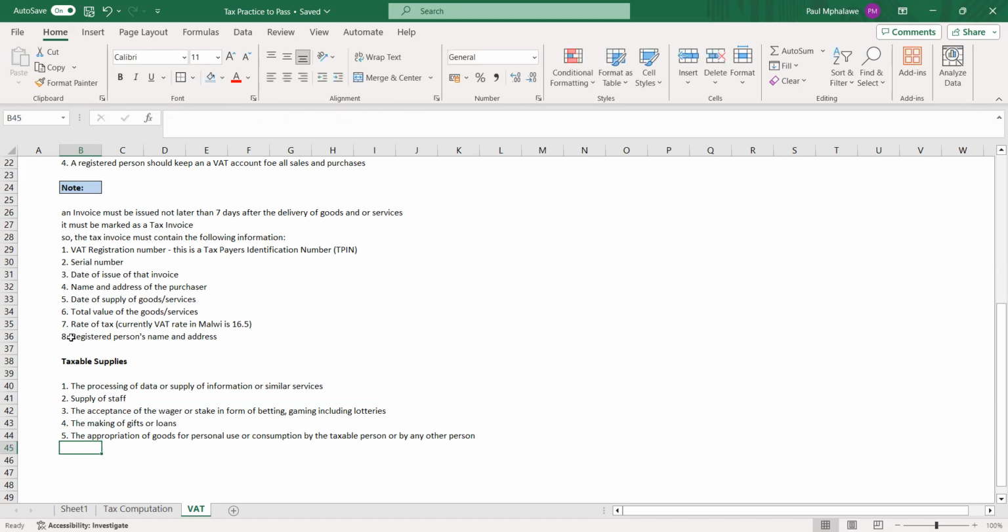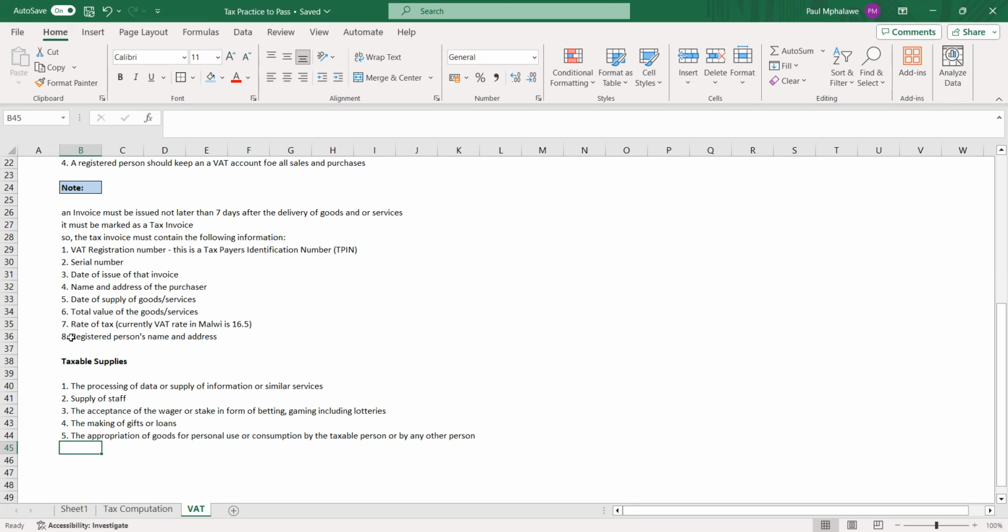That, my friends, is taxable. When the manufacturer decides to take from the counter goods for his personal use, it should be accounted under output tax. A sale has been made in kind to the owner.